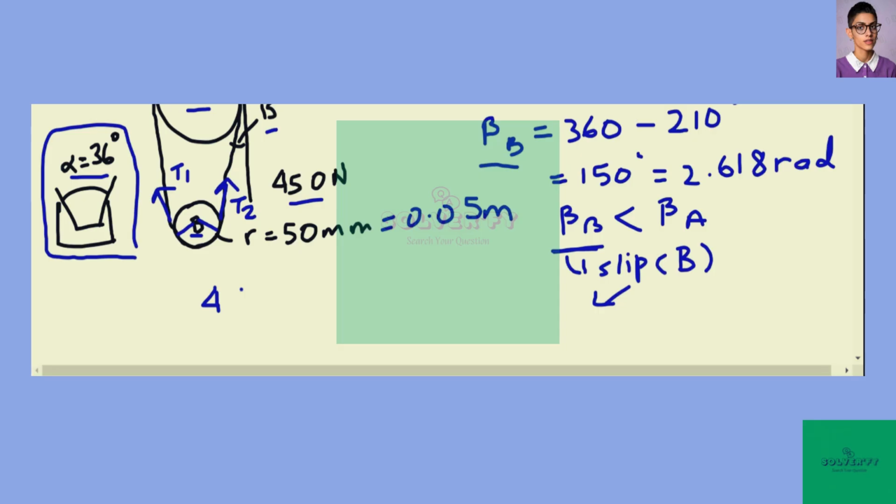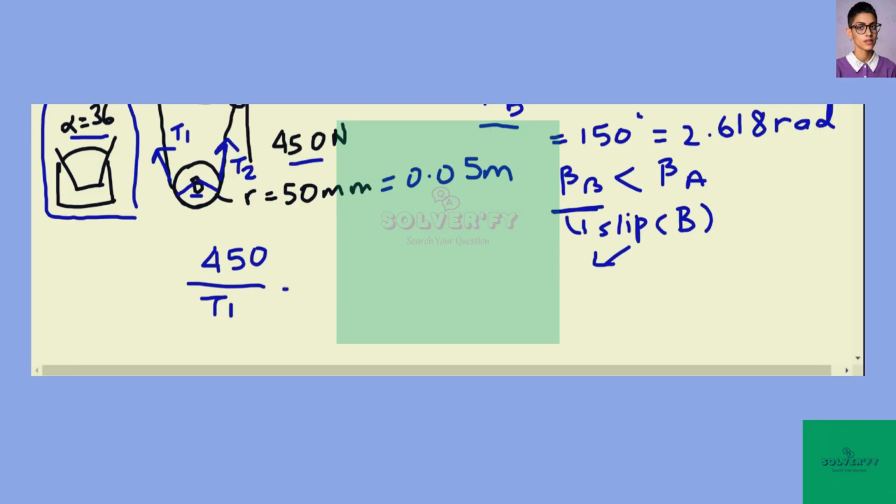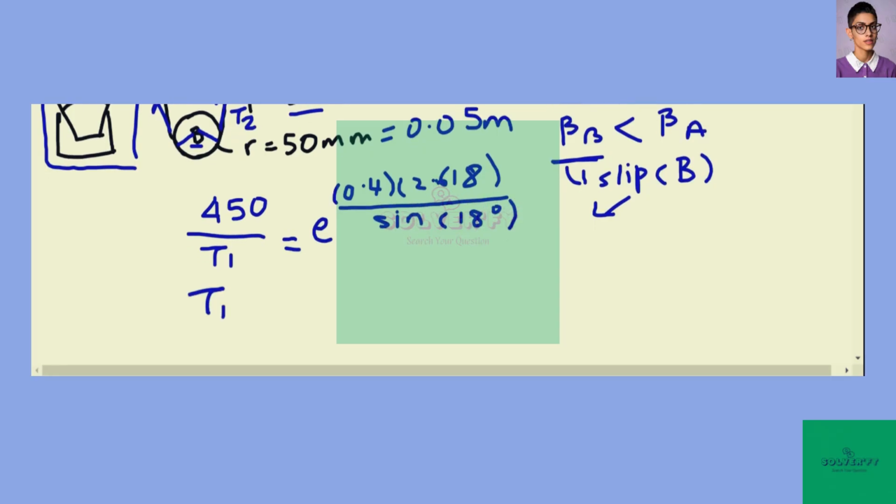So we have the maximum allowable tension, 450 over T1, to be equal to e to the static coefficient of friction times the angle, which is 2.618 radians, over sine of alpha over 2, or 18 degrees, because this is a V-belt impending slip problem. And so from this equation, we get T1 is equal to 15.19 newtons.